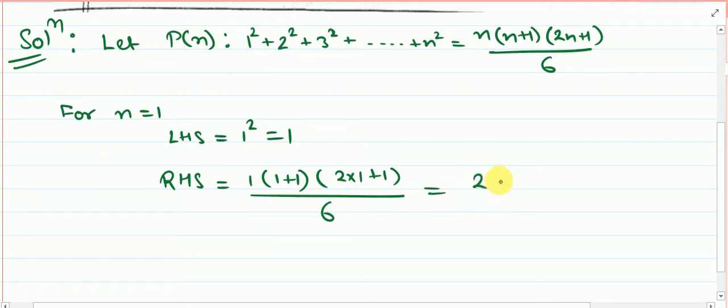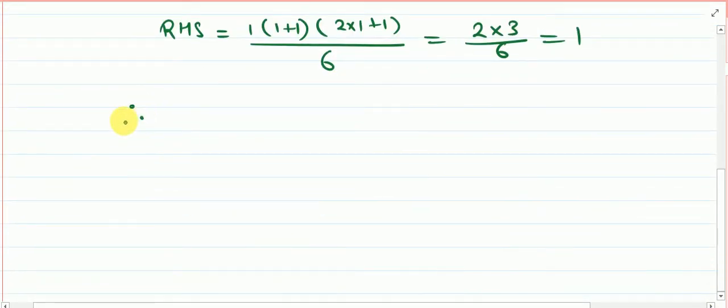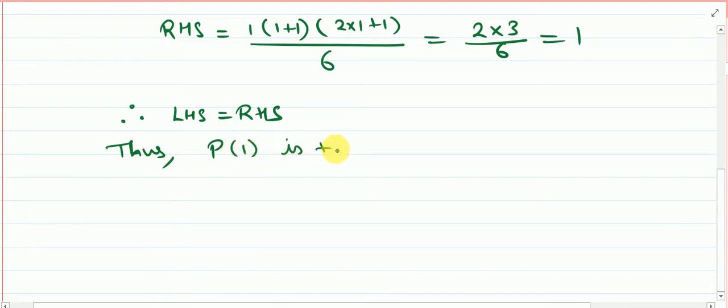So you get 2 into 3 upon 6, that is 1. So therefore your left hand side is equal to right hand side. Hence, or you can say thus, P1 is true.